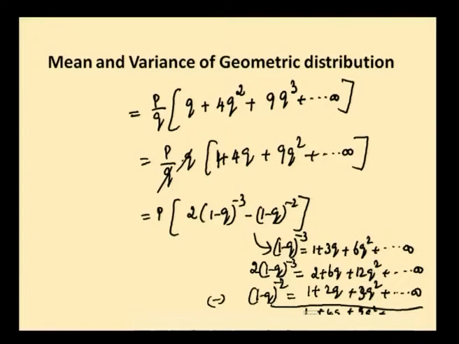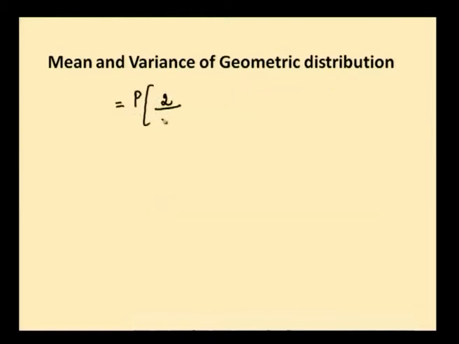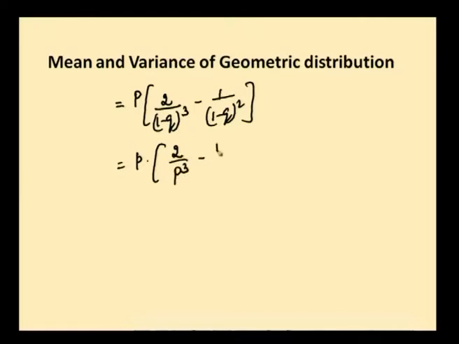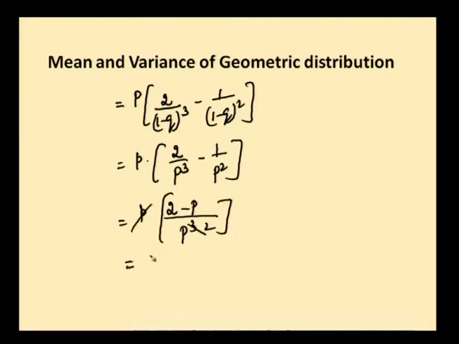This is equal to p into 2 by 1 minus q whole cube minus 1 by 1 minus q whole square. So, p into 2 by p cube minus 1 by p square. P into p cube is the LCM, 2 minus p, p is getting cancelled and you will have 2 minus p by p square.